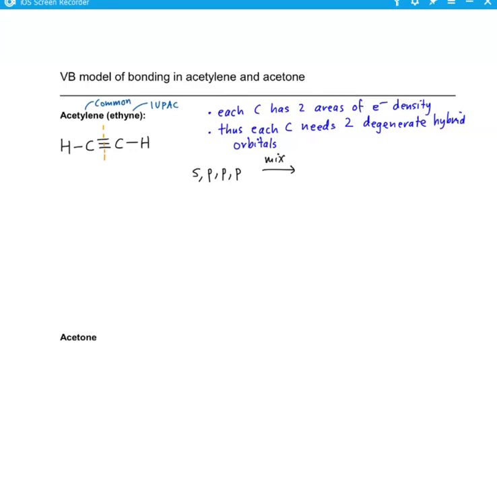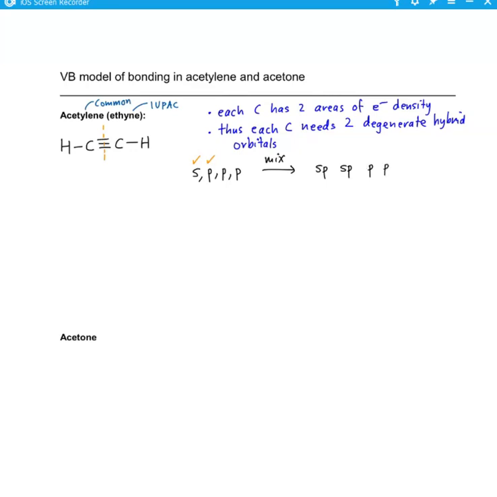We're going to pull as many orbitals from the basis set as we need to make hybrid orbitals. Since we need to make two hybrid orbitals, we're going to take two orbitals out of the basis set. Again, we always start with s, so we're going to use an s and then one of the p's. We mix those mathematically, and the result is two sp orbitals.